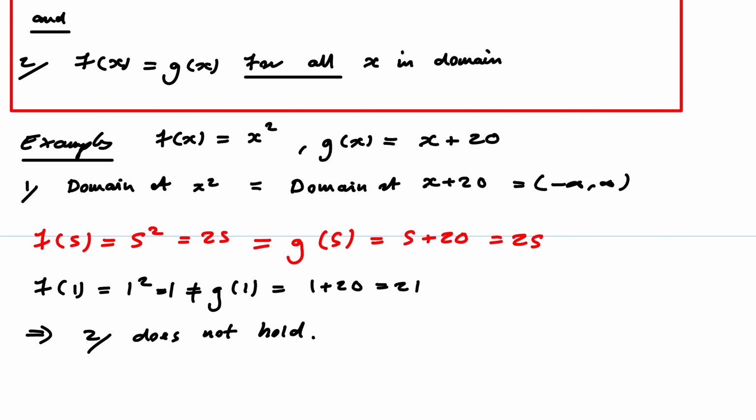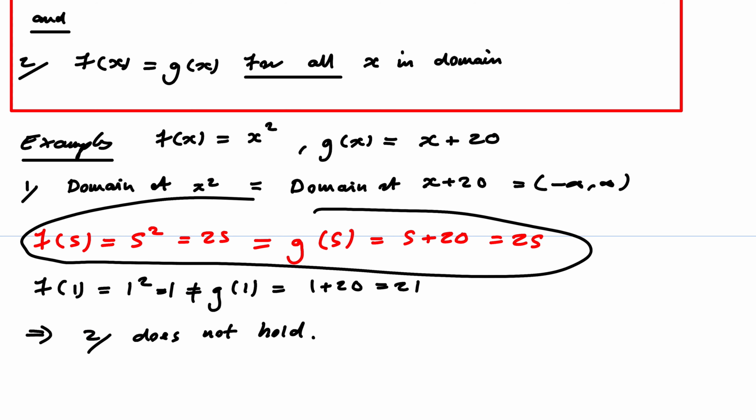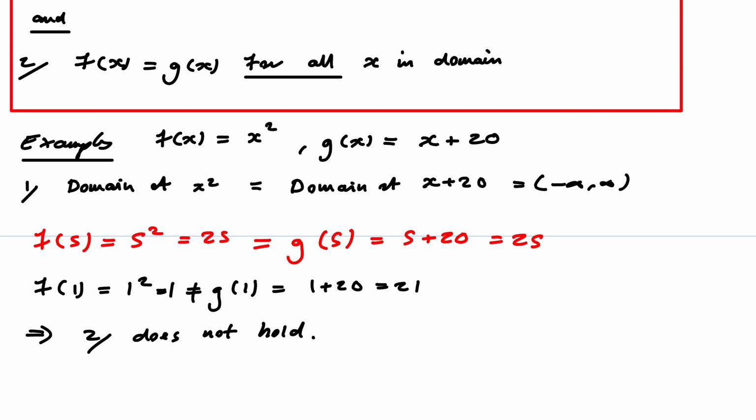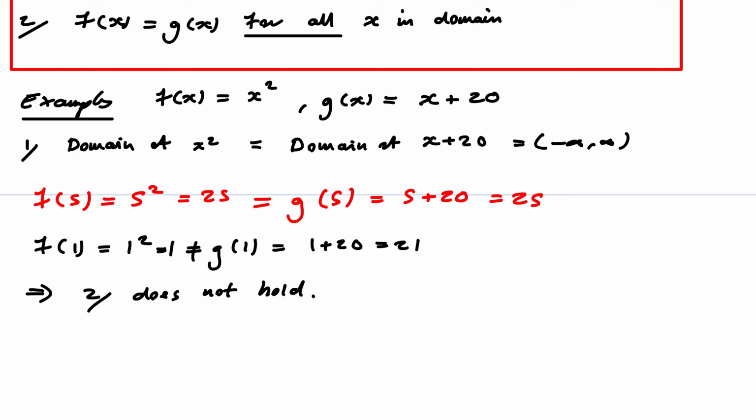See here, these functions give the same output if the input is 5, but that's not enough to be equal as functions. So all of this tells you f and g are not equal functions. The output is equal if the input is 5 for both, but that's much, much less information. Let's do another example.